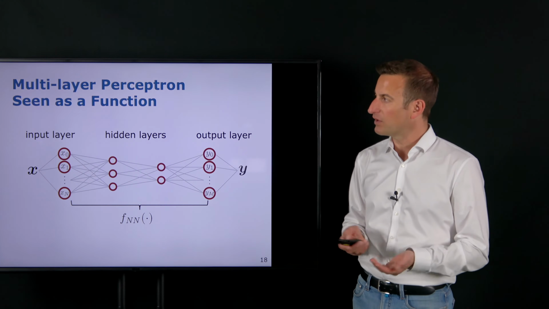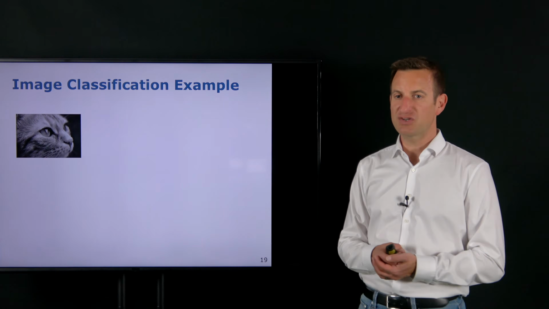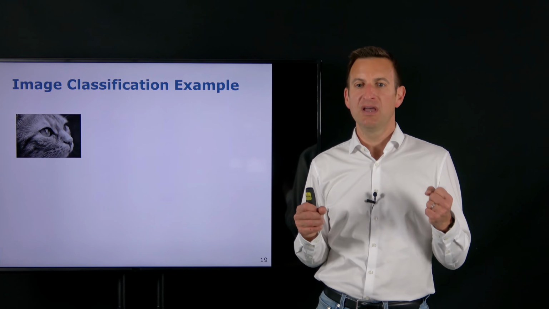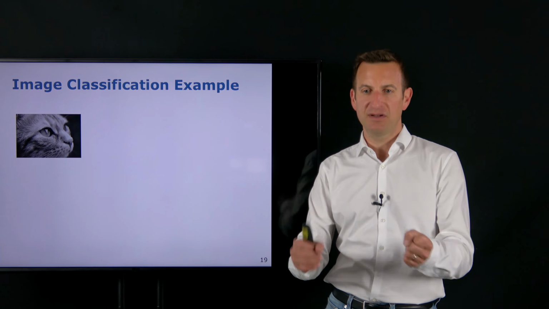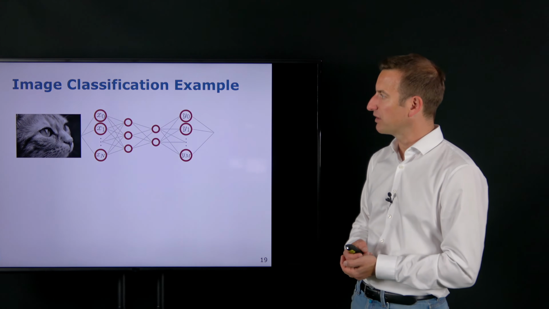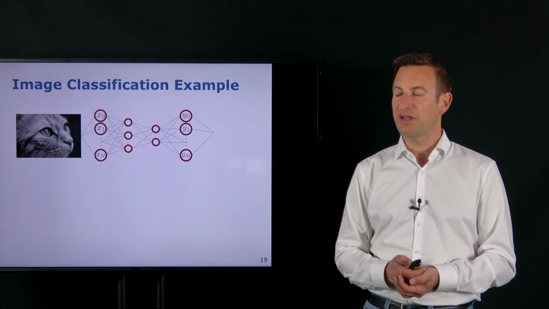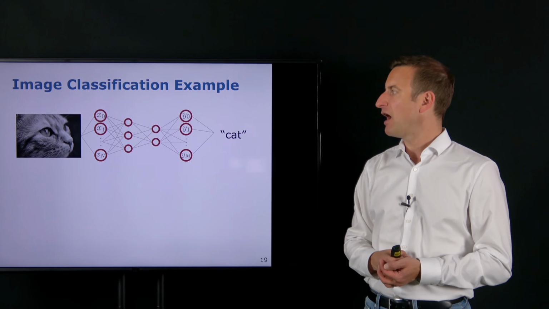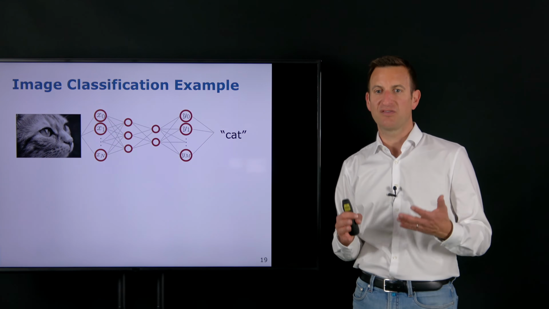Okay, let's say we want to start with the task of image classification. We go back to our cat example. So we now have a cat image, and we want to feed that cat image into the neural network, and then some magic computations happen in here, and the output should be cat. So that's what we want.